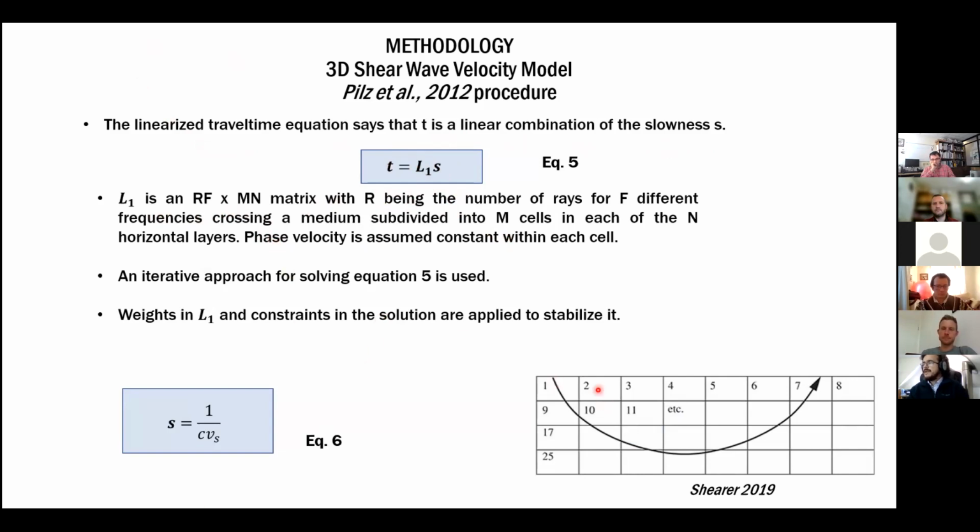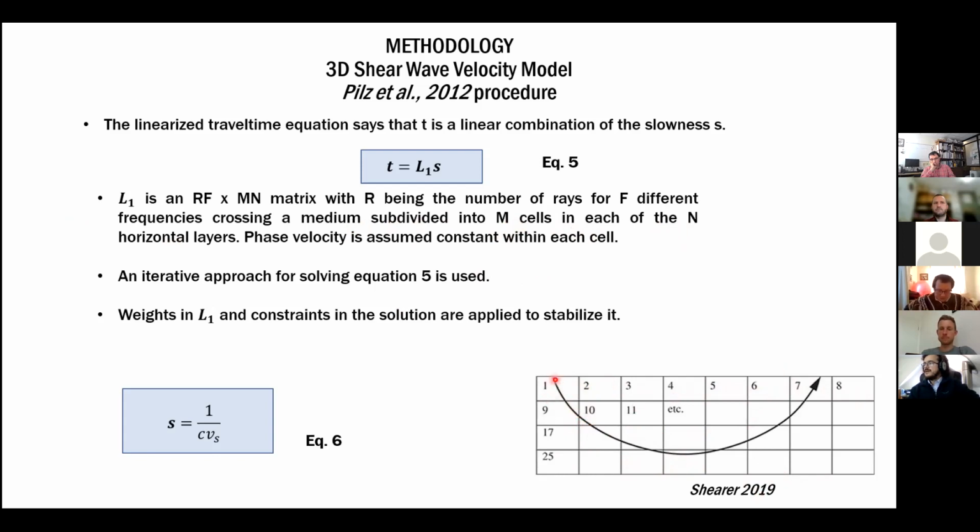What I mean by that is shown simply in this figure from the Shearer book. For example, in this case we have 8 cells, so M equals 8, in each of the N horizontal layers, and we have 1, 2, 3, 4 layers.